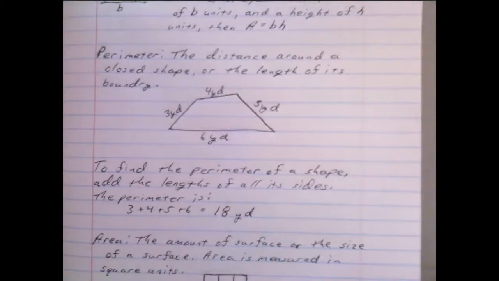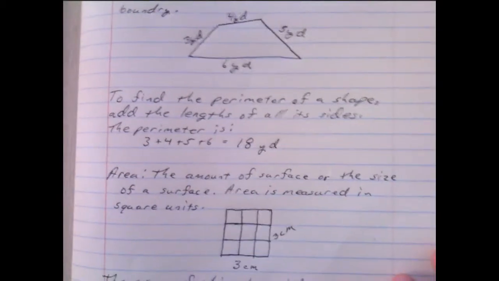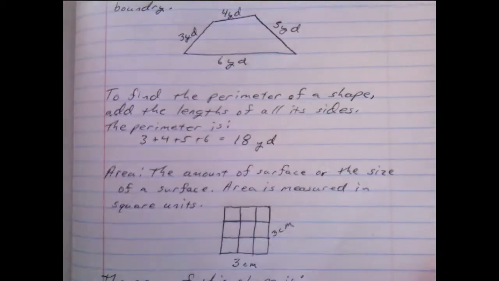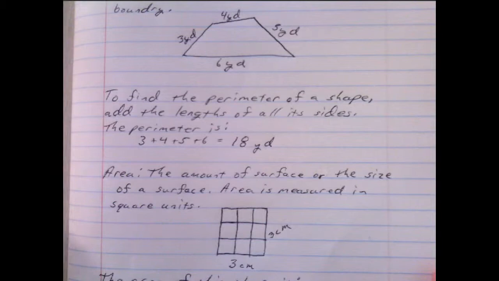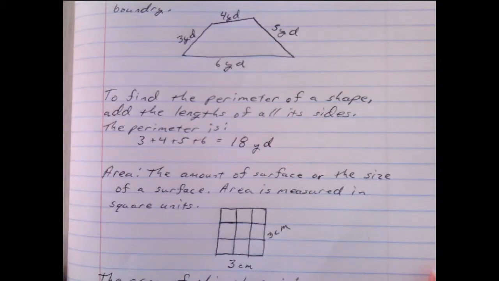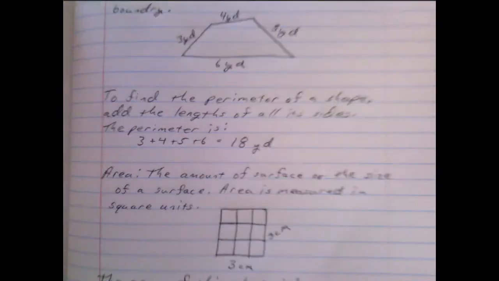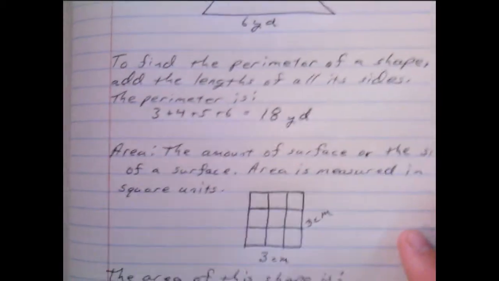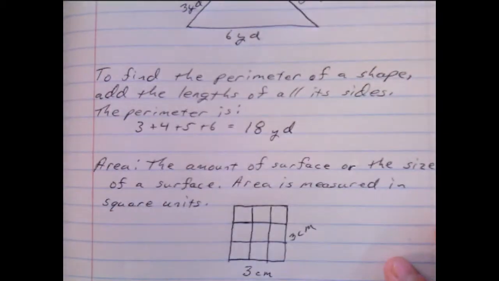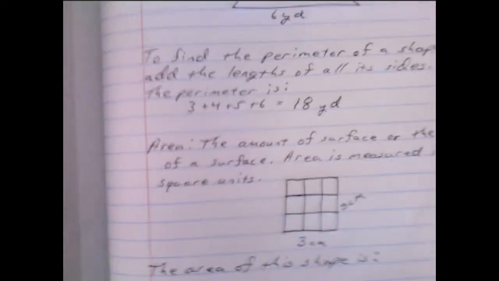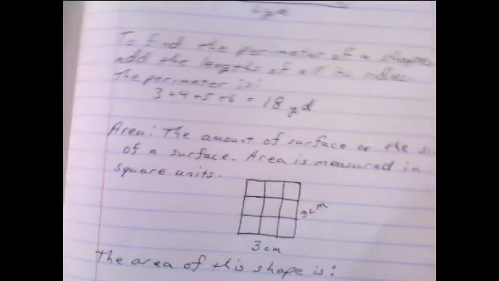Okay, so if I move down here, we have area. Area is the amount of the surface or the size of a surface. The amount is measured in our square units. So for this picture here, sorry, let me just adjust a little bit here so I can get all of that in. There we go.